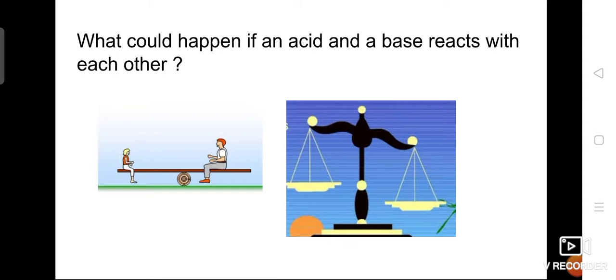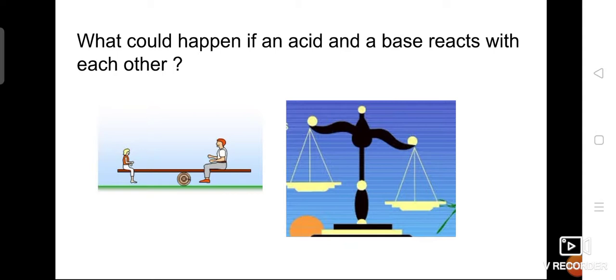For example, acid is sour in taste, base is bitter in taste, and they work in different ways. So suppose both react together, what will happen?